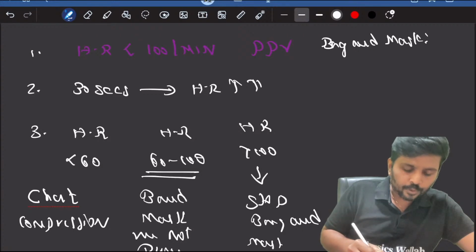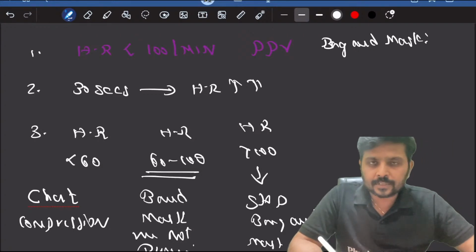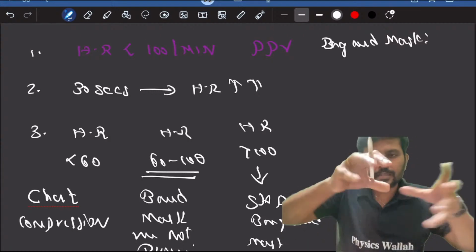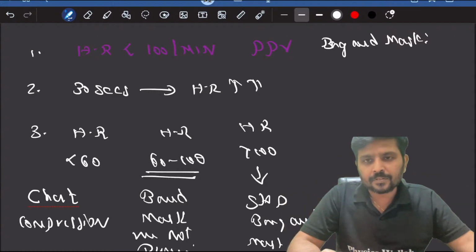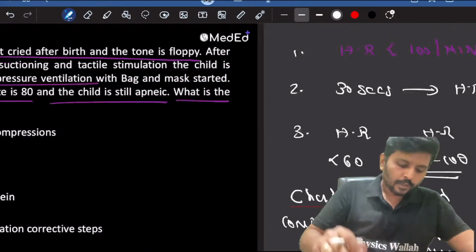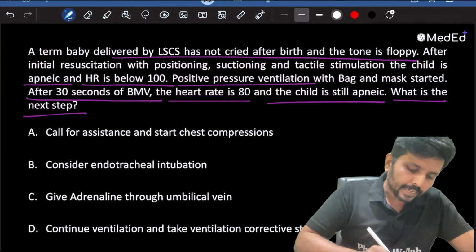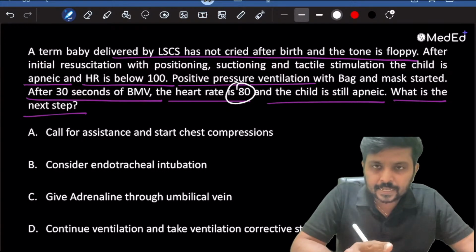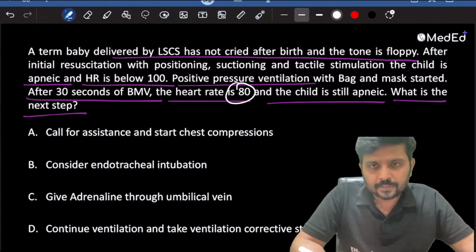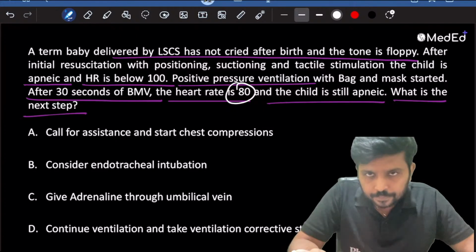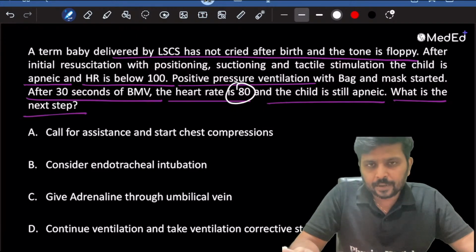So at that time you need to take some steps to correct the bag and mask ventilation, because the way you are doing your bag and mask ventilation is faulty. So what is here? The heart rate is 80. If it is less than 60, start chest compression along with the bag and mask ventilation. If the heart rate is more than 100, you need not do any bag and mask ventilation.